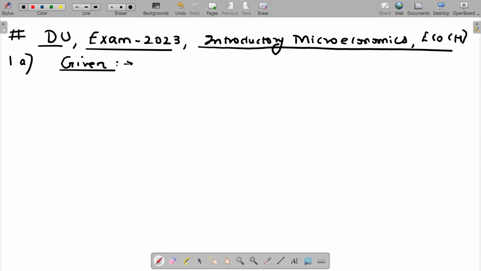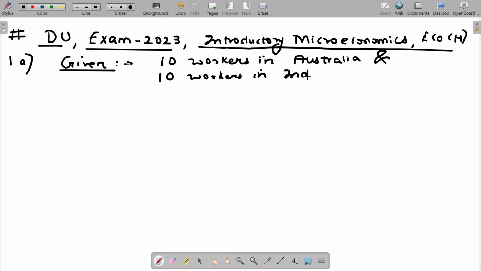We are given that there are 10 workers in Australia and there are 10 workers in India. Both have the same labor force.